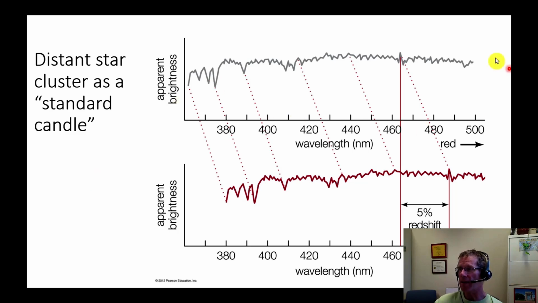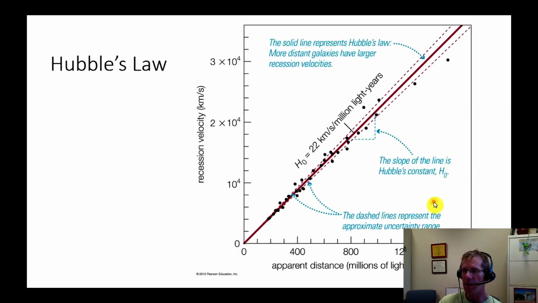A globular cluster should have a standard spectra that looks like this, but instead it looks like this, you notice it's been shifted over. That redshift says that the galaxy is moving away from us. Hubble studied a bunch of these, plotted them out, and noticed that there's a relationship between the recession velocity, which was determined by the redshift, and how far away it is.